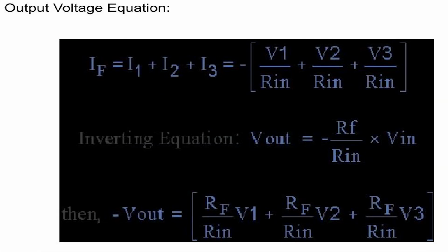In this equation, each input voltage V1 and V2 is multiplied by a factor determined by the feedback resistor and the respective input resistor R1 and R2. The negative sign indicates the inputs are summed with an inversion, resulting in their summation.